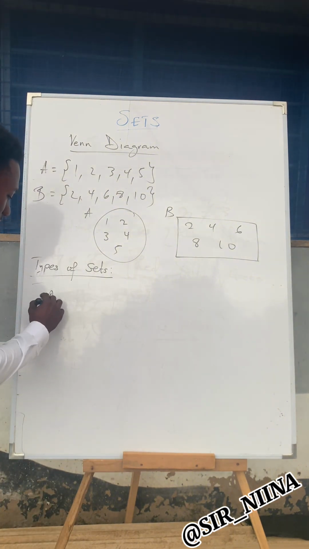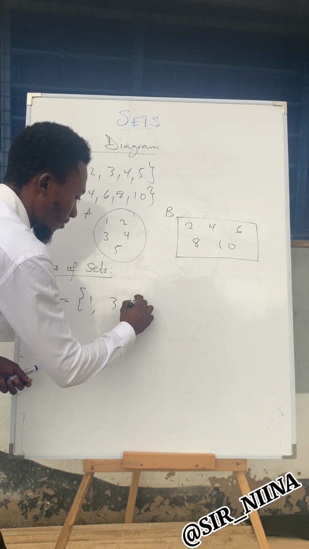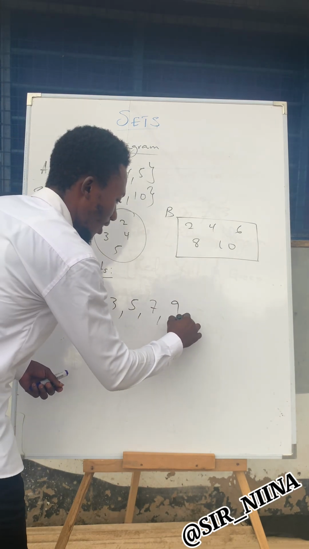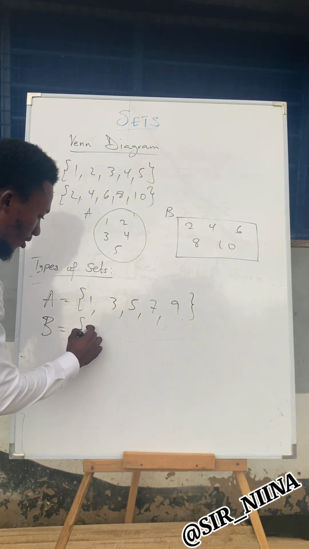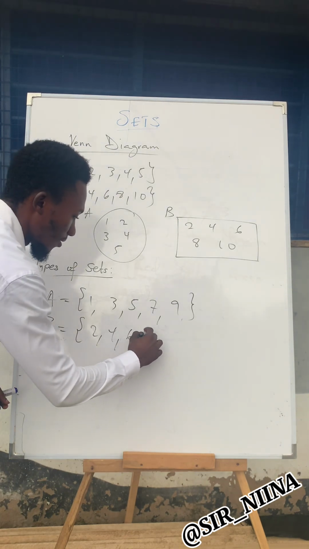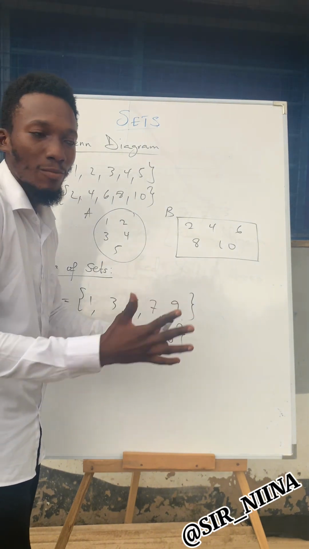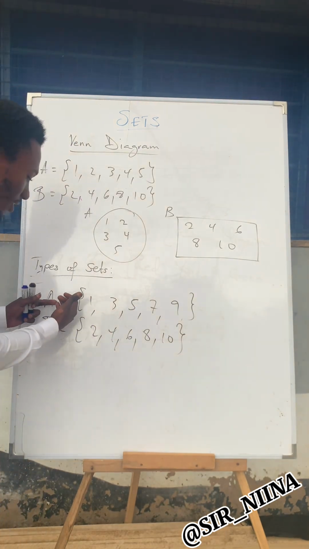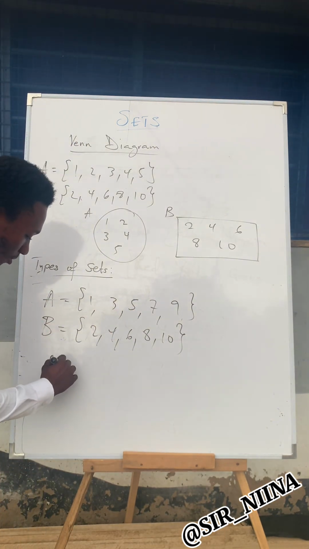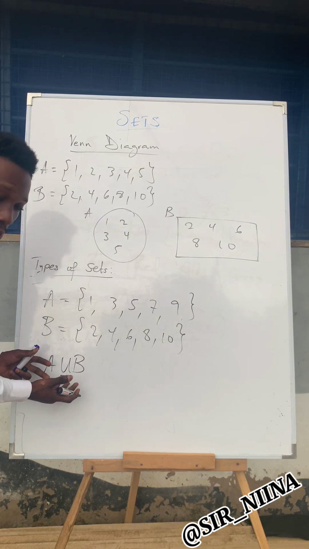So we have set A: 1, 3, 5, 7, 9, and set B: 2, 4, 6, 8, 10. Let's unite them, let's bring them together, let's marry them. So we have A union B. This symbol is used to represent the union.